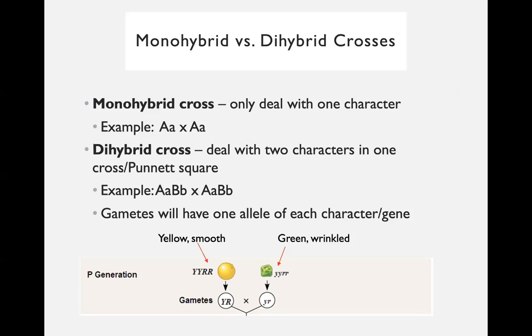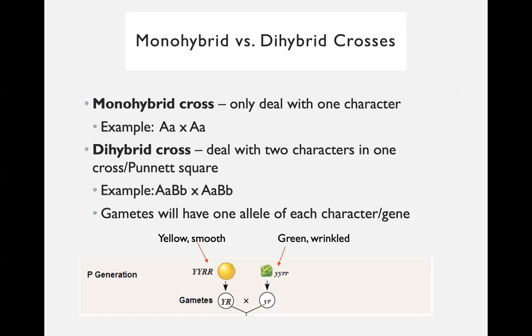So we're going to make the Punnett square a lot bigger, but it's the same concept as long as you know how to write out the parents on each side and you understand how the alleles come together. So I'll show you that in a minute. But two characters, dihybrid. And specifically the hybrid part refers to two heterozygotes. Yeah, exactly.